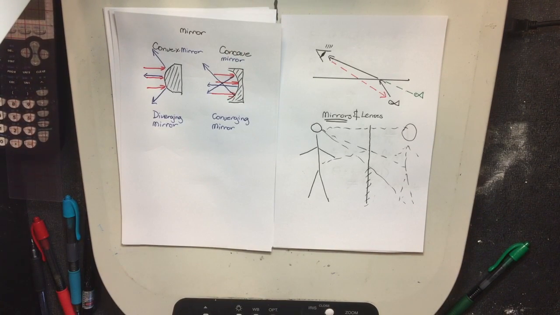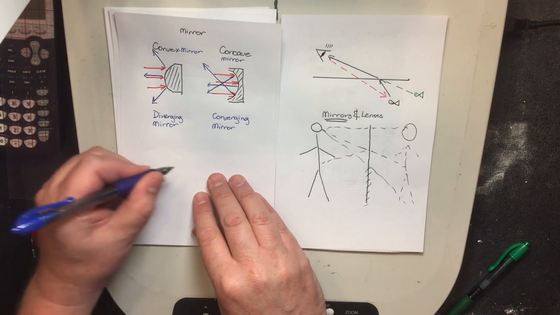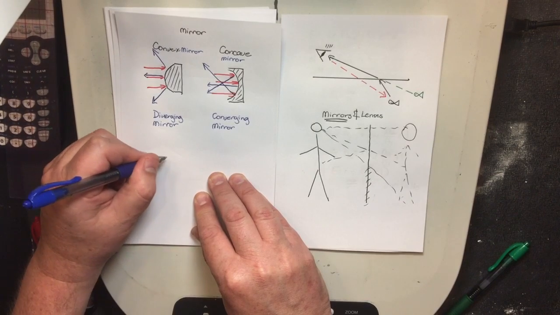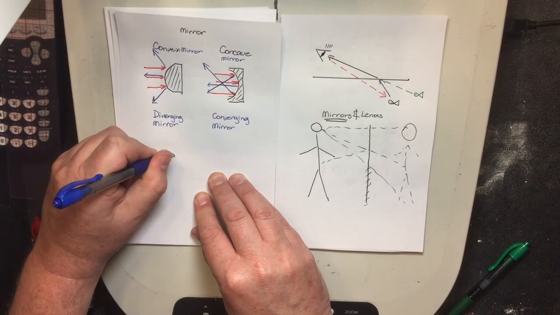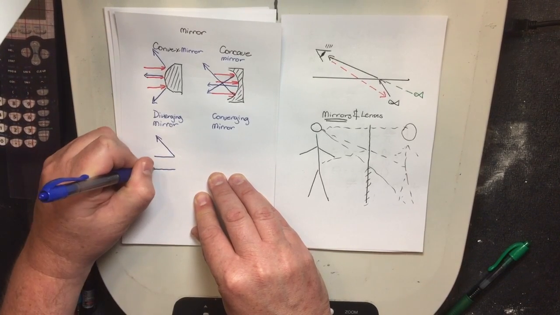So if the light rays are scattered, it's divergent. If the light rays are focused, it's convergent. If it's scattering in a mirror, you're dealing with a diverging mirror. Now with these, I'm just going to draw these rays for the convex mirror, and kind of exaggerate it.